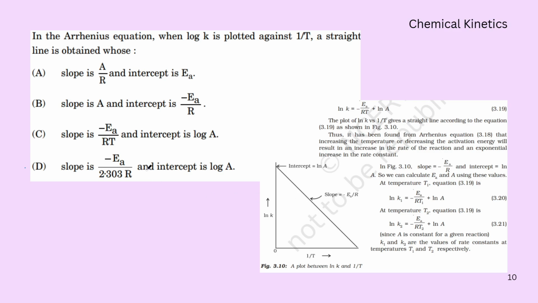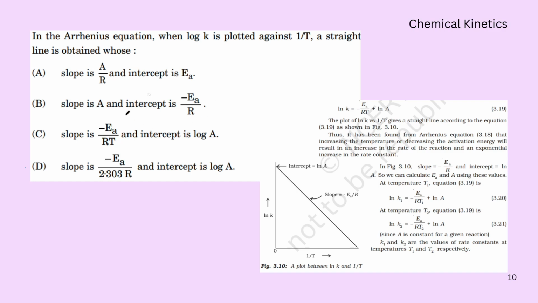Fun fact, I noticed that this question was in all 3 question papers, sets A, B and C, for this particular type. According to this equation, the slope is minus Ea by R and the intercept is ln A. Now, if you remember it from your textbook, you would assume it was minus Ea by RT.